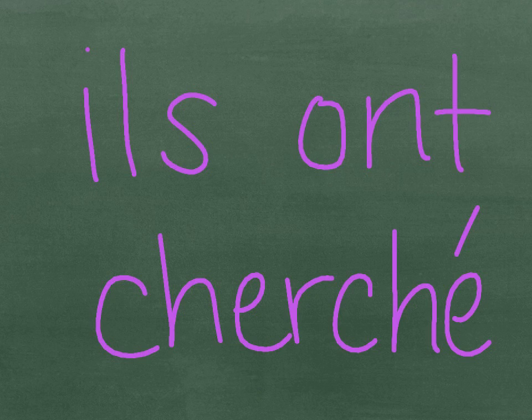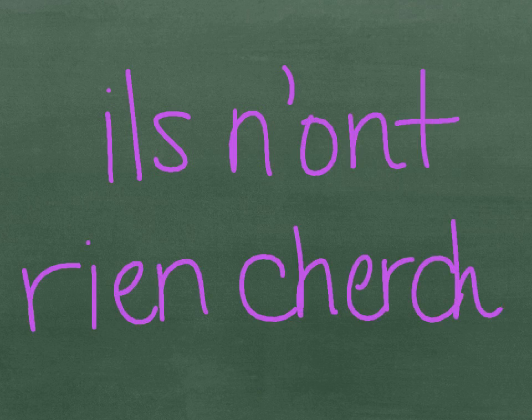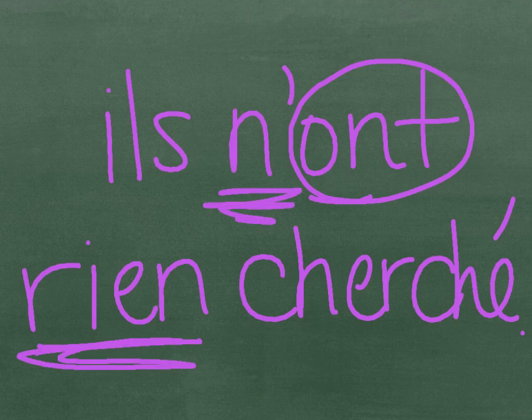Now where is the rien going to go? The answer would be ils n'ont rien cherché. Did you get the right answer? Remember, here's our form of avoir, and we want to put the ne and the rien around the form of avoir in the passé composé.